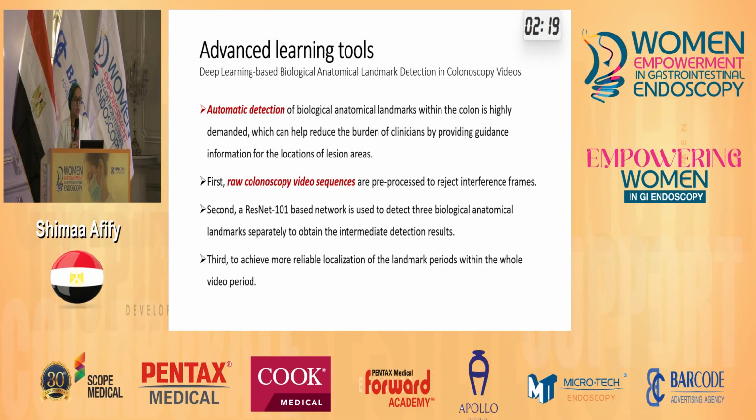Automatic detection of biological landmarks within the colon is highly demanded, which helps reduce the burden on the clinician by providing guidance, information, and locations of the lesions. I'm trying to simply explain how the AI works, or how they generated the AI.